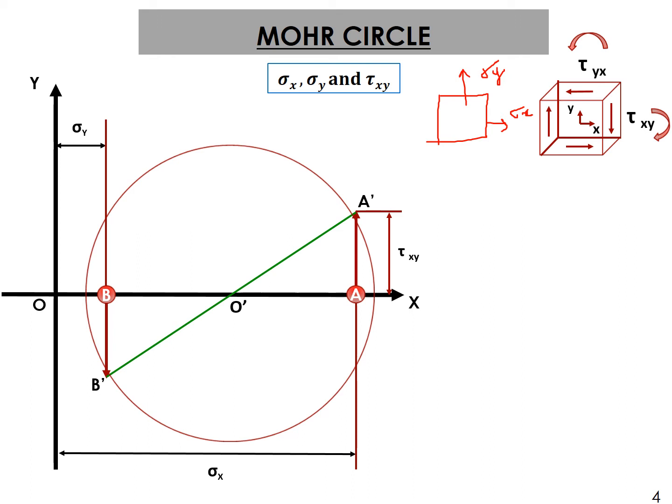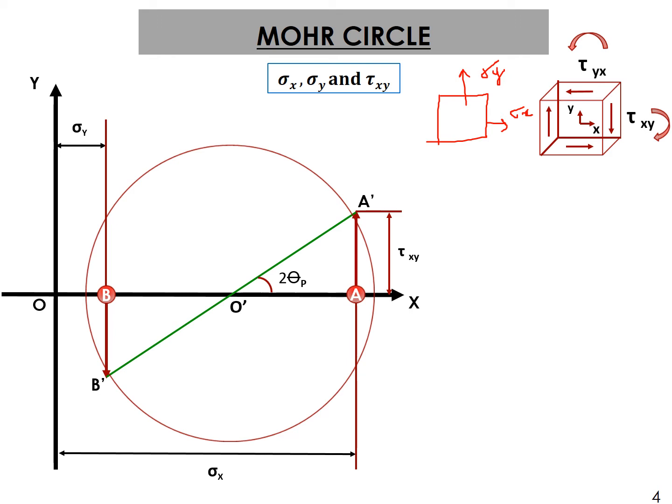Now, if you look at this figure and I say, where is the principal axis? And you know, at the principal axis there is no shear stress. So this is only one line. If you take this line OX, along the line OX there is no shear stress. It means this line OX is nothing but the principal axis line. And this green line A dash B dash is your own axis, that XY axis.